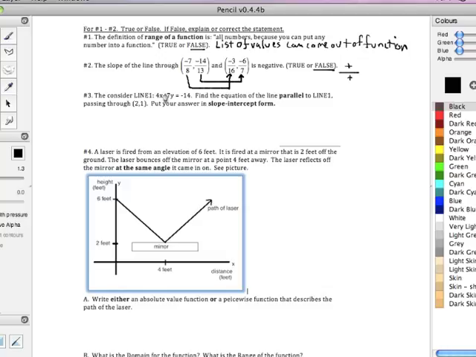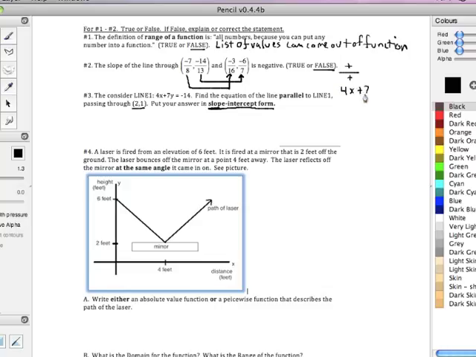So consider this line, 4x plus 7y is equal to -14. Find the equation of the line parallel to line 1 passing through this point. Put your answer in slope-intercept form. Well, what do we always want for any line? The first thing we're gunning for is that slope. So if we have 4x plus 7y is equal to -14, we do it step by step.